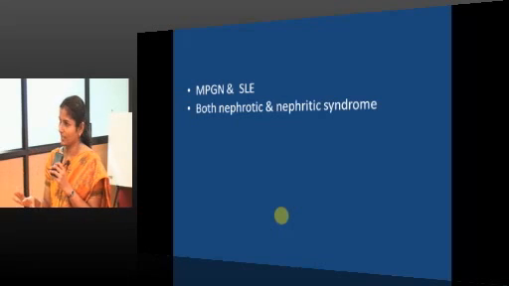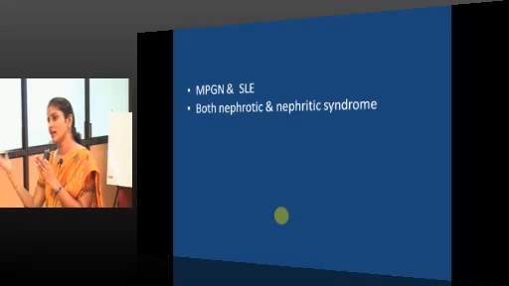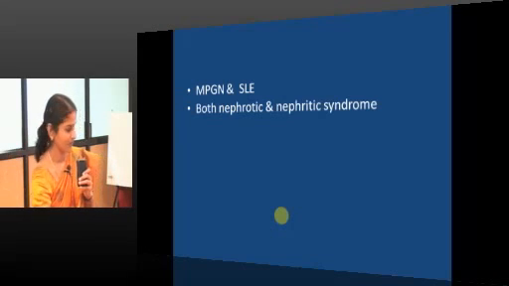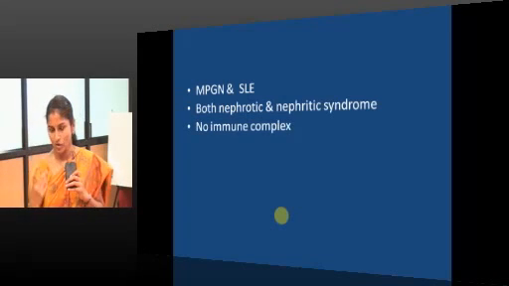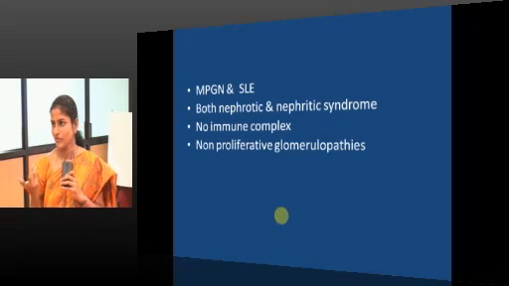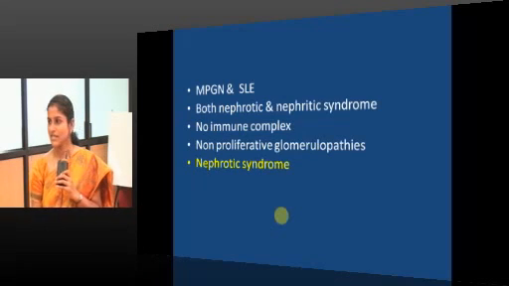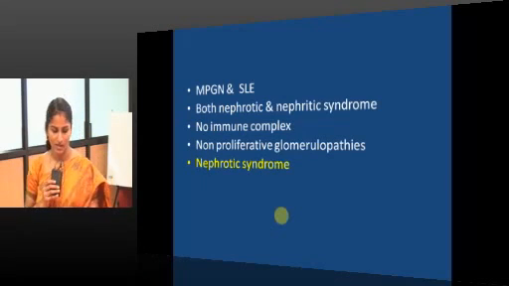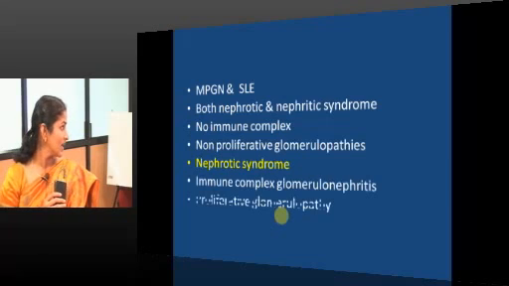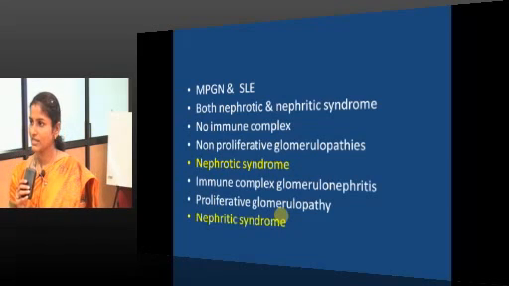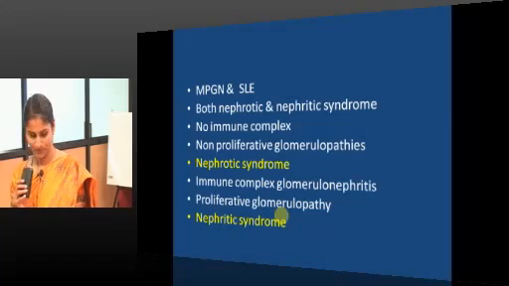So, these two, as they are in between the mesangium and the visceral epithelial cells, can have both nephrotic and nephritic picture. No immune complex, no proliferation, the result is nephrotic syndrome. Immune complex and proliferation, the result is nephritic syndrome.